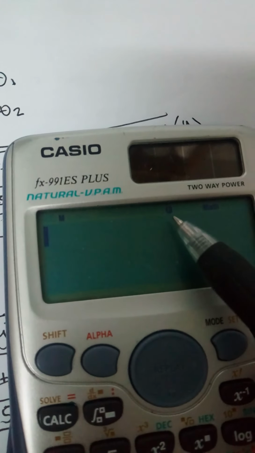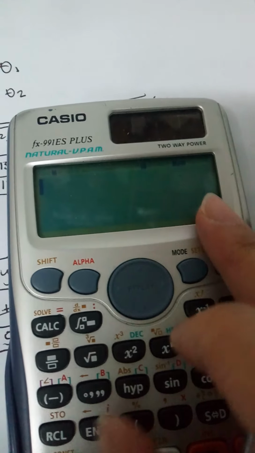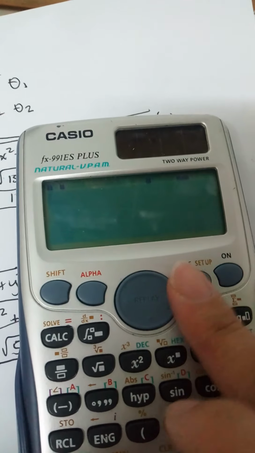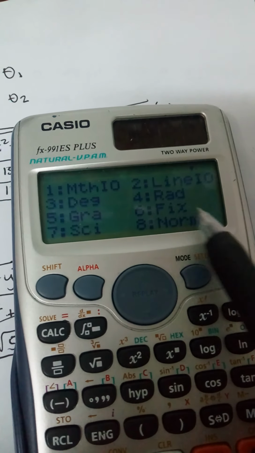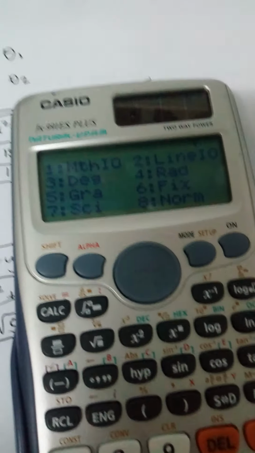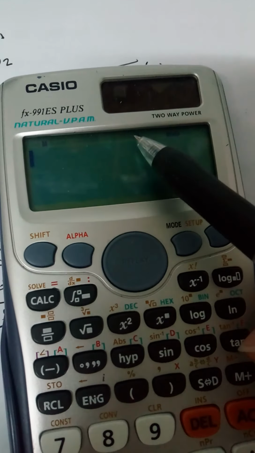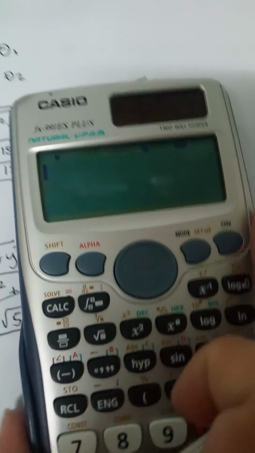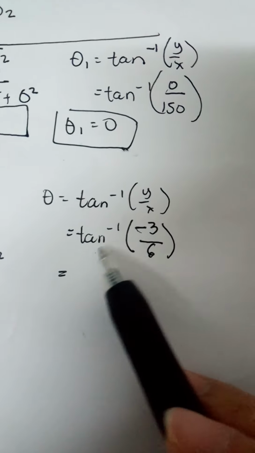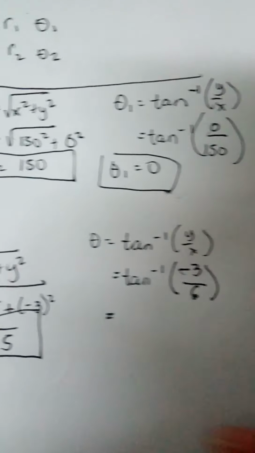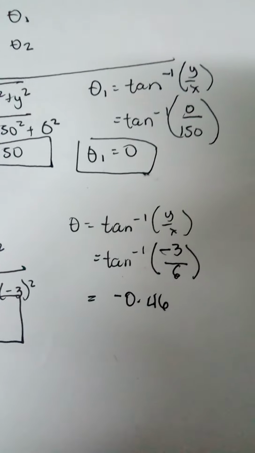How are you going to convert this to radian? Just press shift, then mode, and then look for the rad. As you can see here, rad is 4. So press 4, then equal sign. So inverse of tangent of negative 3 over 6 is equal to negative 0.46.